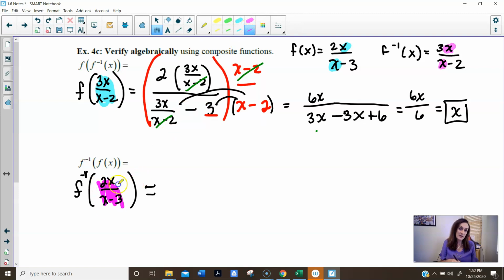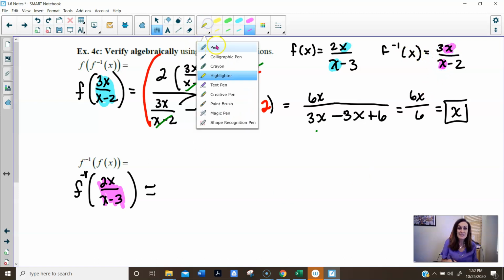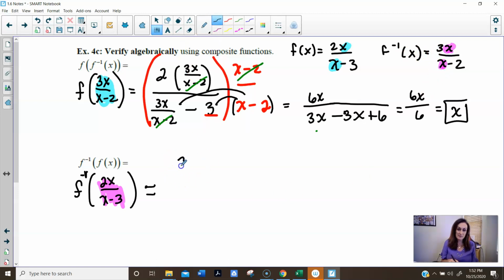So here, this is going to go in every time I see an x. So I begin with 3, and then I see an x, so I plug in 2x over x subtract 3, over, and then I have x subtract 2. In place of x, I put 2x over x subtract 3 subtract 2.